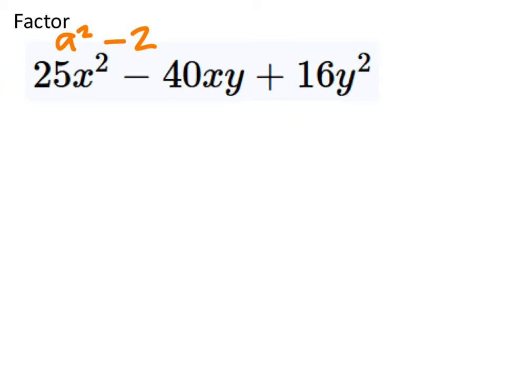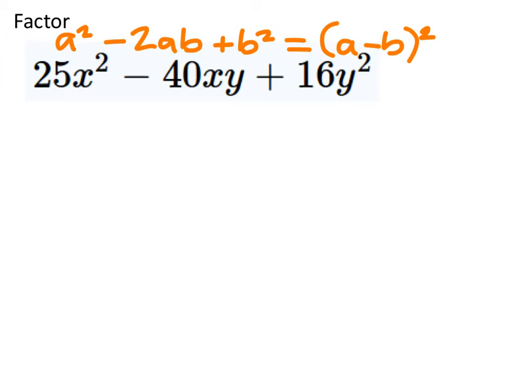We just have to identify what a and b are. What this results in is the binomial a minus b, squared.